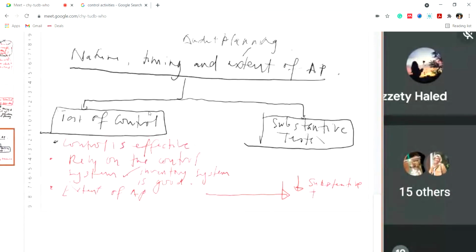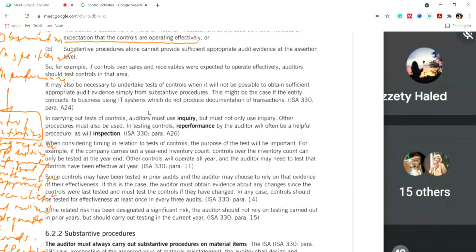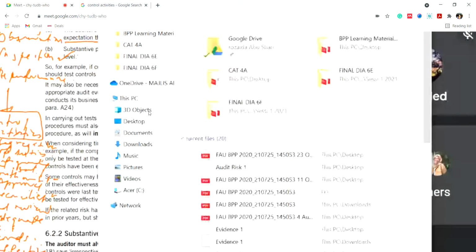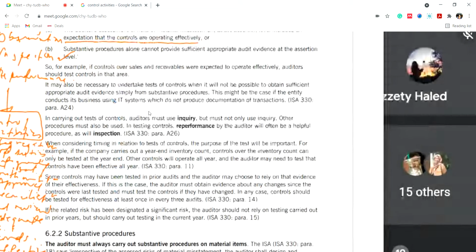So that means reduce substantive tests. You will reduce the test of detailed balances, you can reduce test of detailed transactions, or you can reduce your analytical procedures. So that's why you have to perform the test of control first.